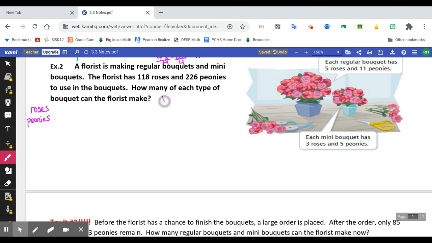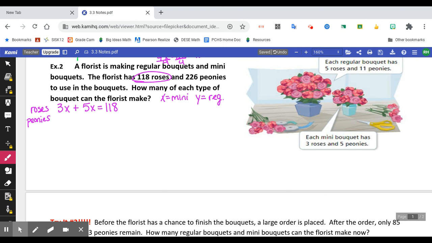So I'm going to make x equal my mini bouquets and y equal my regular bouquets. So for roses, I have 3 roses in each mini, plus 5 roses in each regular, and my total number of roses is 118.